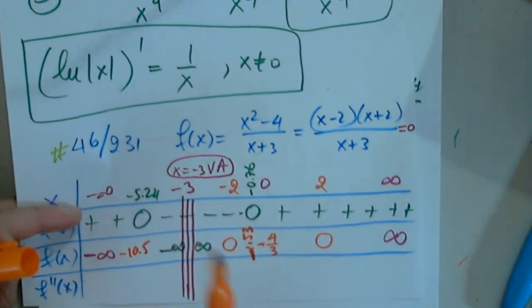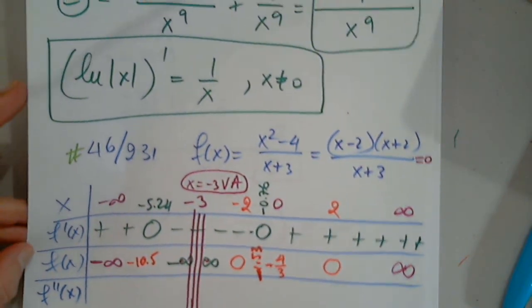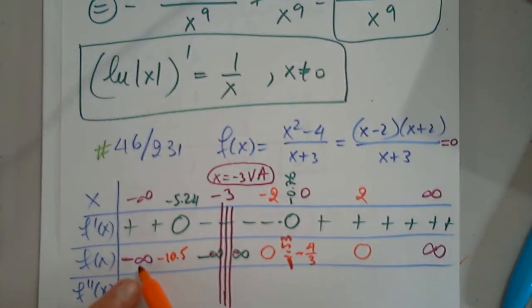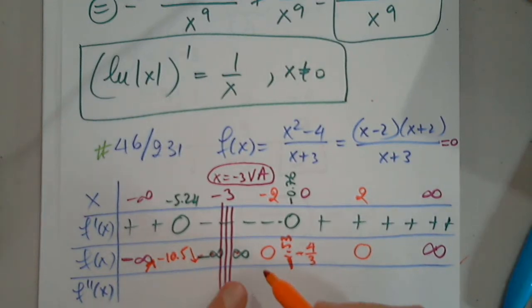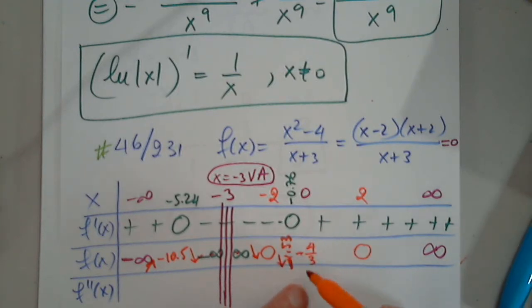Negative 10.5. Okay. So now the moment of truth. From negative infinity to negative 10.5, yes, indeed. From negative 10.5 to this, yes, that's true. From positive infinity to 0, yes, it's true. From 0 to negative 1, yes, it's true. From negative 1.5 to negative 1.3.